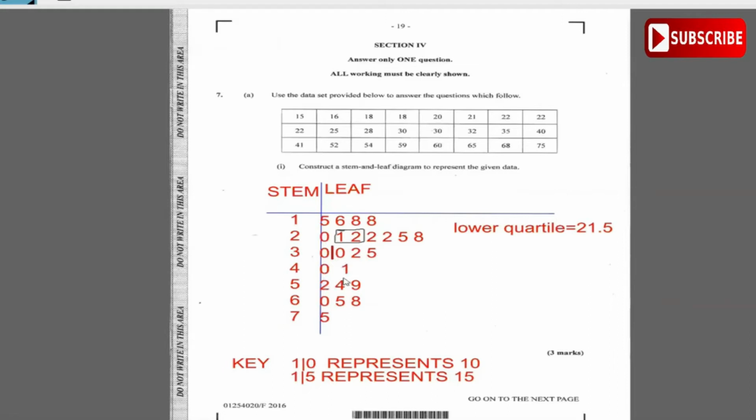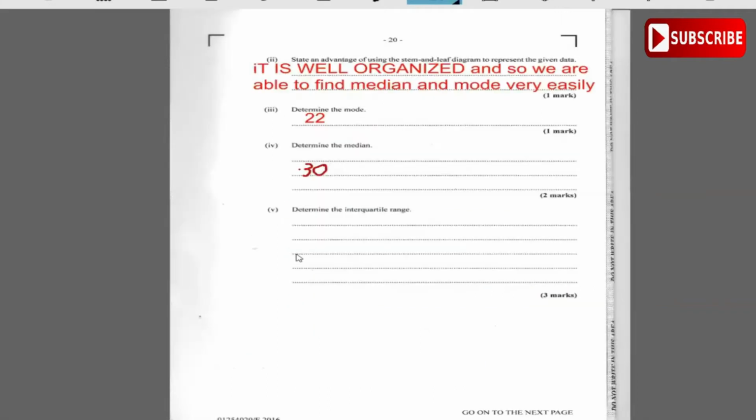Between the 18th and the 19th term is these two, and so the upper quartile looks like 50. Is that 53? Yes, 53. So the upper quartile is equal to 53.